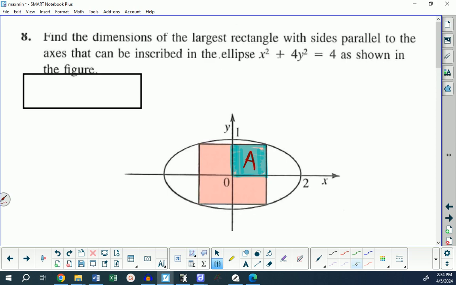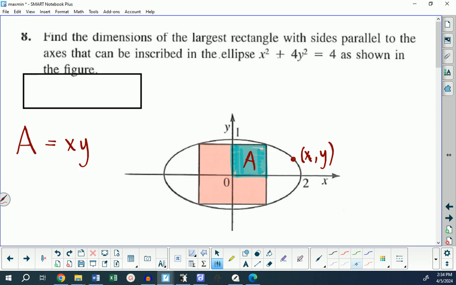Okay, so we need a formula relating that area to some variable. And it's this. Every point on this curve has an ordered pair, and the connection between the ordered pairs is up here.